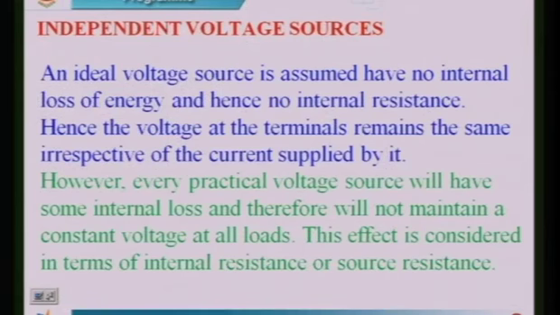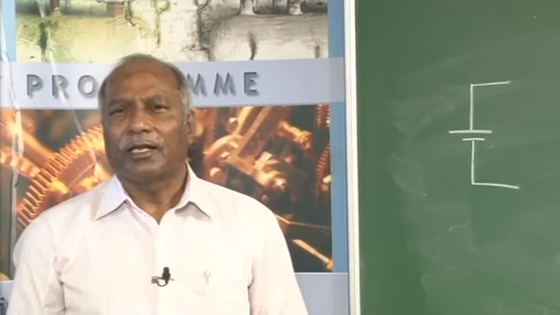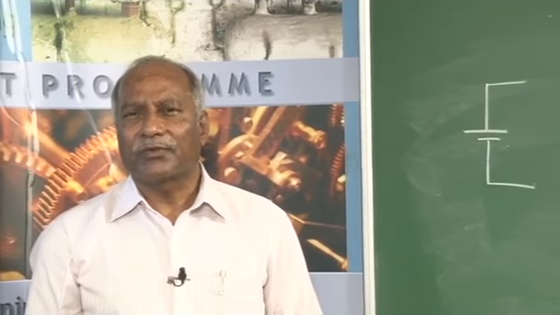An ideal voltage source is assumed to have no internal loss of energy and hence no internal resistance. Hence, the voltage at the terminals remains the same irrespective of the current supplied by it. However, every practical voltage source will have some internal loss and therefore will not maintain a constant voltage at all loads.